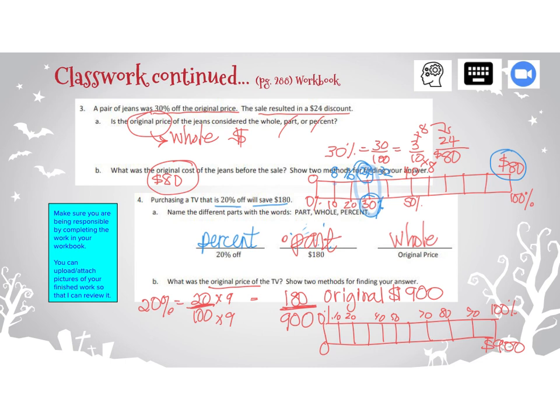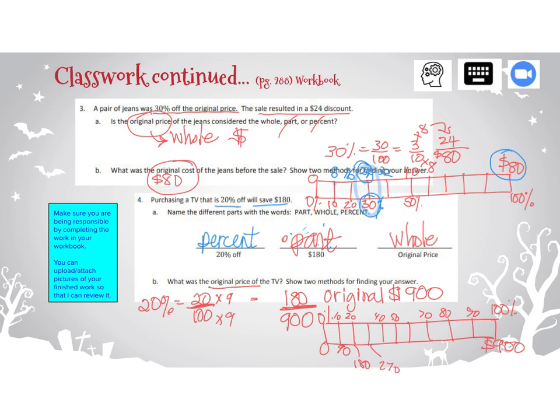Then I have to go, what am I counting by to get 900? 90 times 10 is going to give me 900. So 90 times 1, times 2 is 180, times 3 is 270.